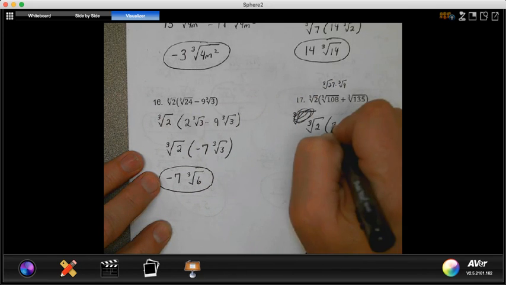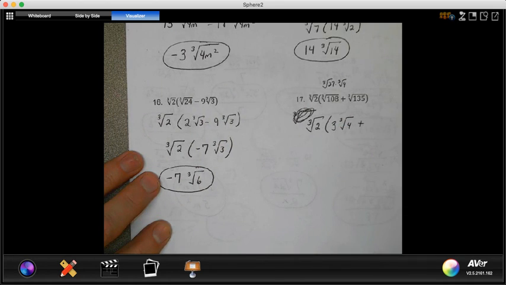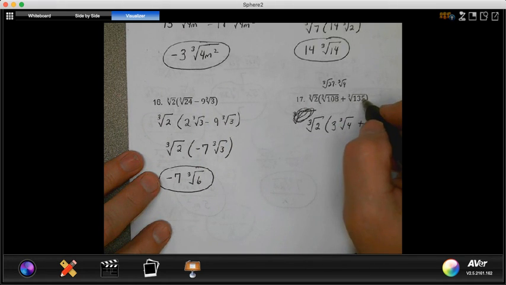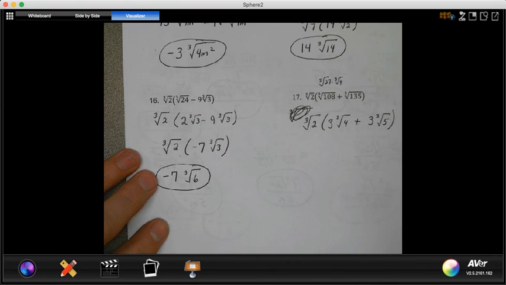So that's 3 cube root 4 plus, and then 135 is another 27. So that's 3 cube root 5. Well, those don't add together. Don't get fancy. That's not cube root 9.